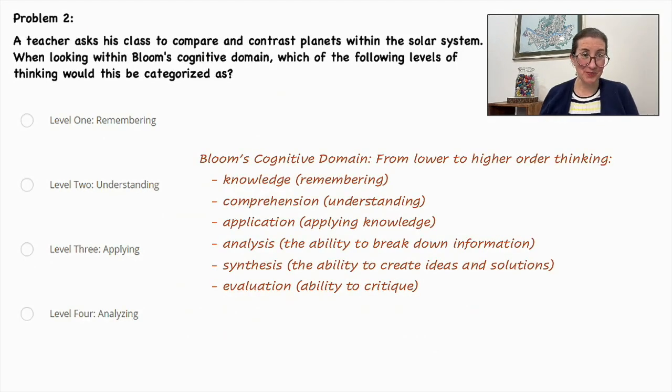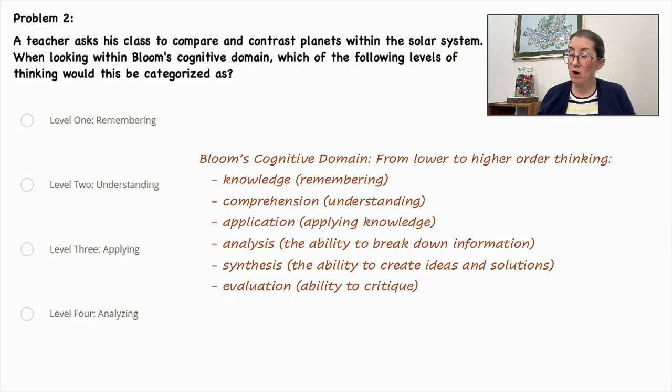Problem number 2. A teacher asks his class to compare and contrast planets within the solar system. When looking within Bloom's cognitive domain, which of the following levels of thinking would this be categorized at? So let's look quickly at Bloom's cognitive domain from lower to higher order thinking.